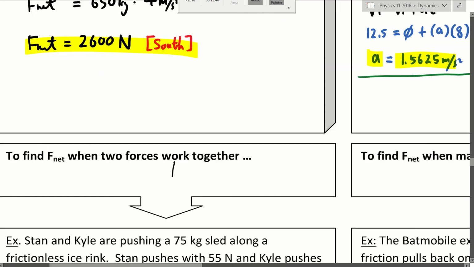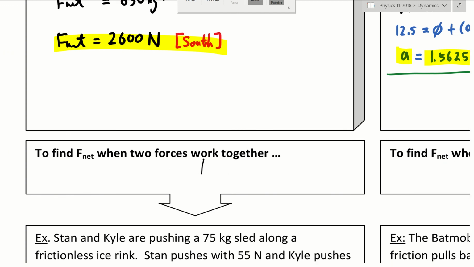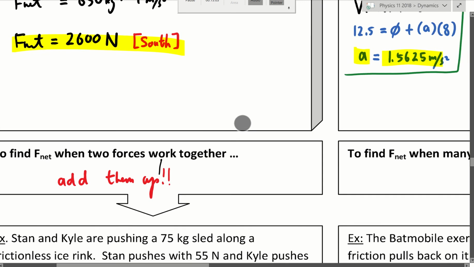So to find net force, we have two different approaches. If two or many forces are working together, pointing in the same direction, we add them up to find net force. What if the forces are not working with each other?